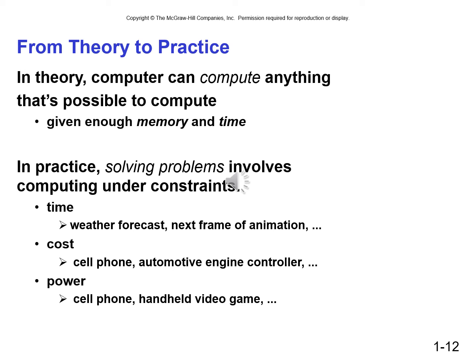Imagine if your battery life was about 30 minutes. How useful would that be? Hopefully you start to understand the importance of these constraints as we design computing systems and programs to run on those computing systems to meet real-life requirements.